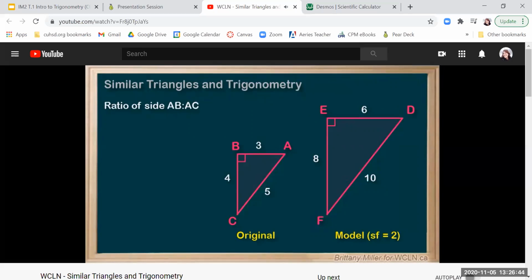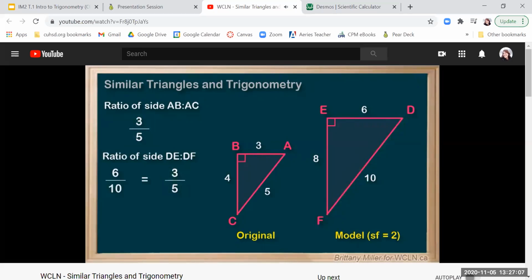Written as a fraction, it's 3/5. If we do the same for the corresponding sides in triangle DEF, the ratio of DE to DF, we get 6/10, which can be reduced to 3/5. The ratio is the same.